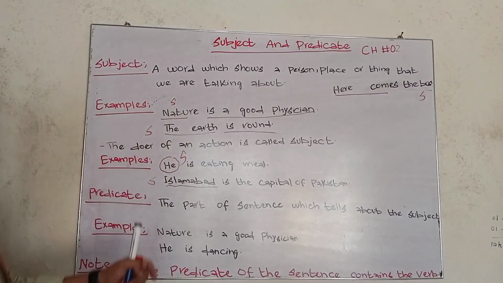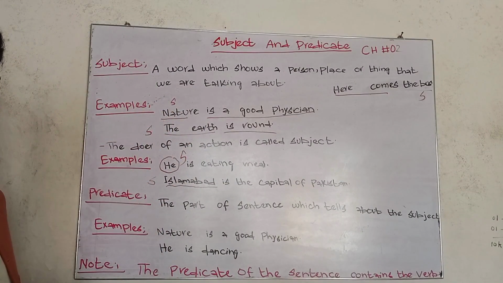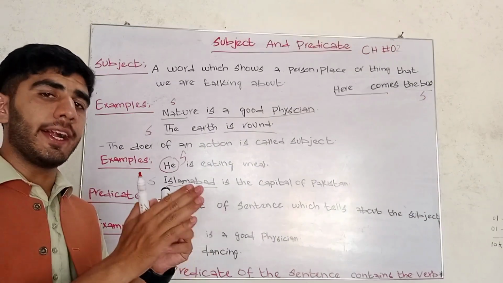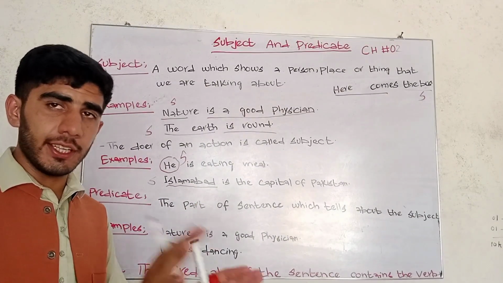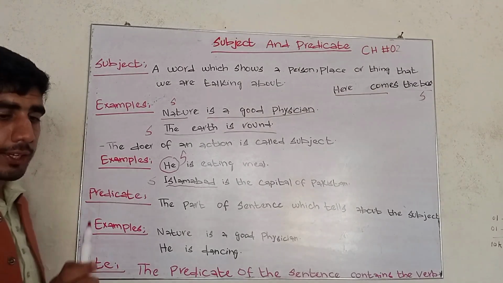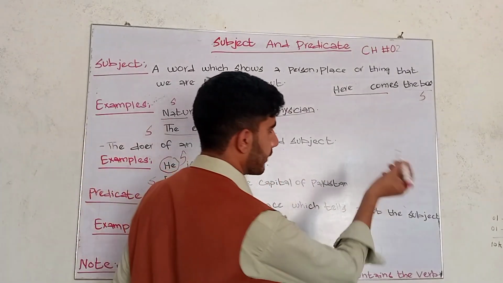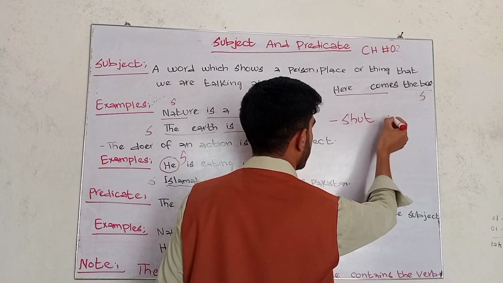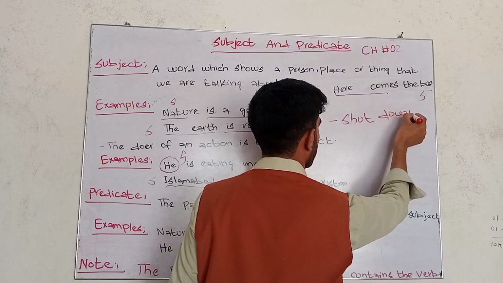If you think about this statement, that the subject will be shown and it will be present in every sentence, this is also a wrong concept. If you think about imperative sentences, for example, shut down, shut down.